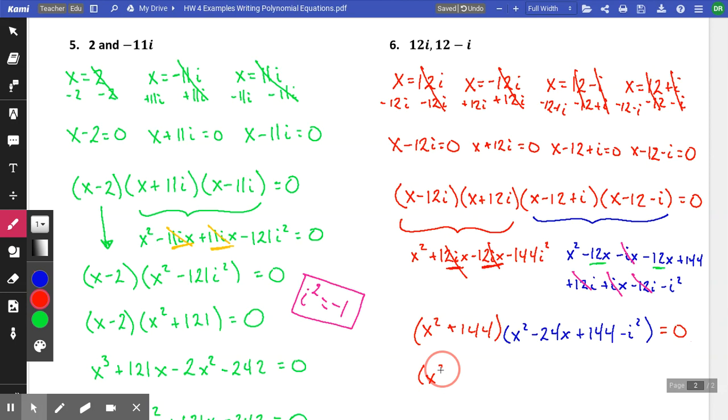This is still x squared plus 144. And over here, we have x squared minus 24x. This is going to end up being positive 144. And then this is minus i squared, which really means minus negative 1, which will give us a positive 1.